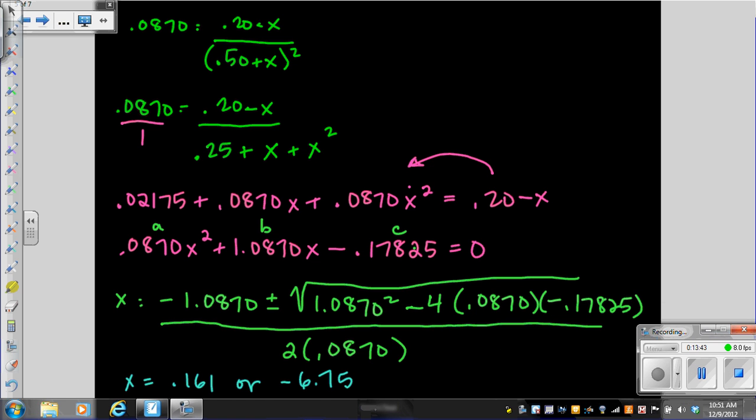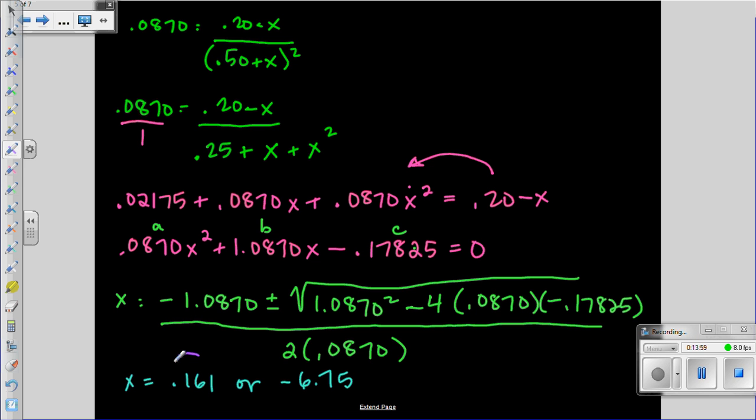When I solved, I got x as 0.161 or negative 6.75. We talked about how we're not going to use the negative because that gives us a negative value for pressure, which we can't have. So we're going to use 0.161.